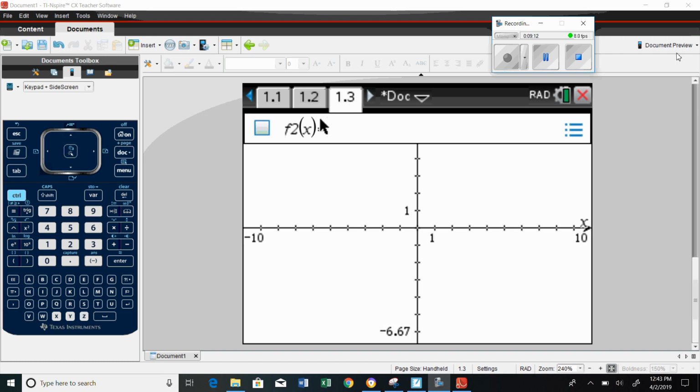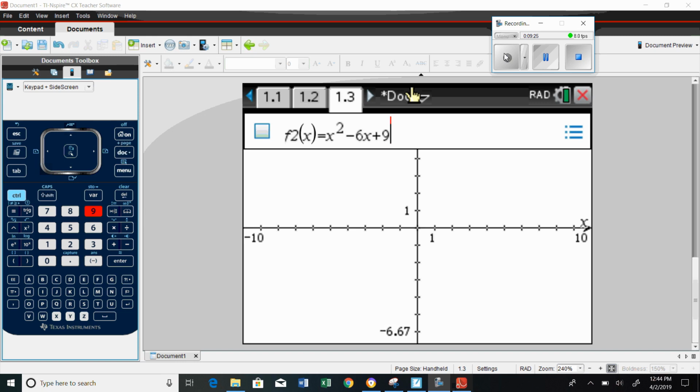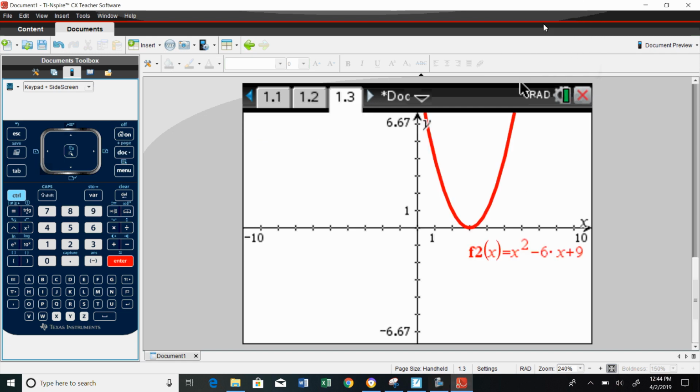Now if I wanted to graph something like x squared minus 6x plus 9, and I graph that, that graph is showing me that it is touching the x-axis in only one place. So there'd be one real repeated solution.